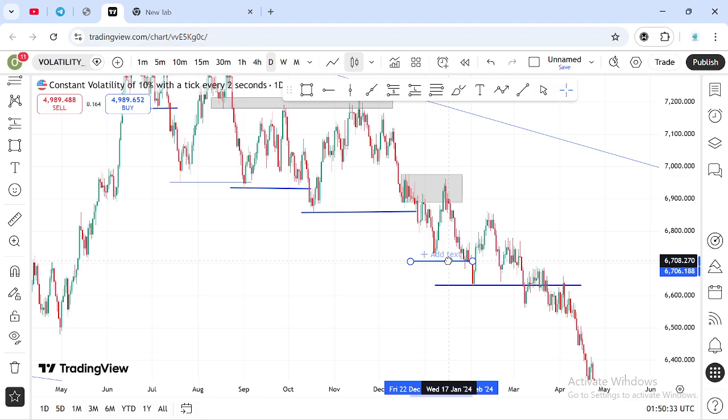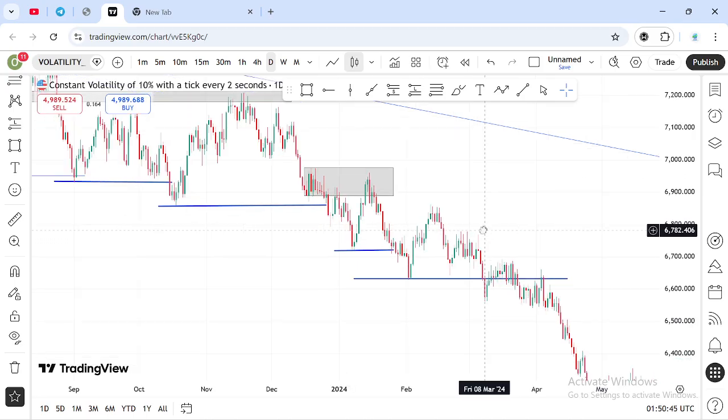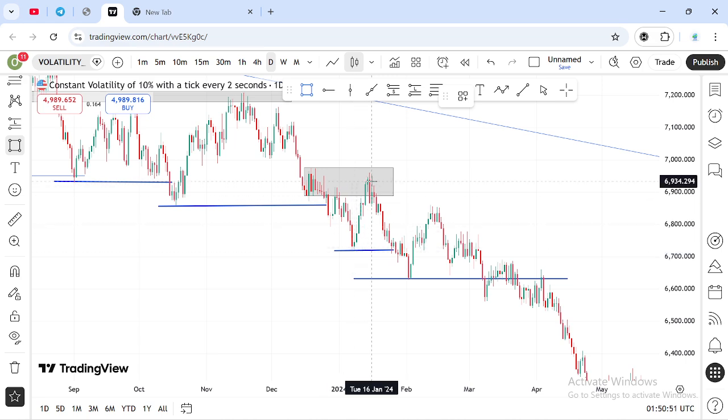And after that one, we also have this area. Price rallied, or broke structure here, and then came back to this zone, respecting.